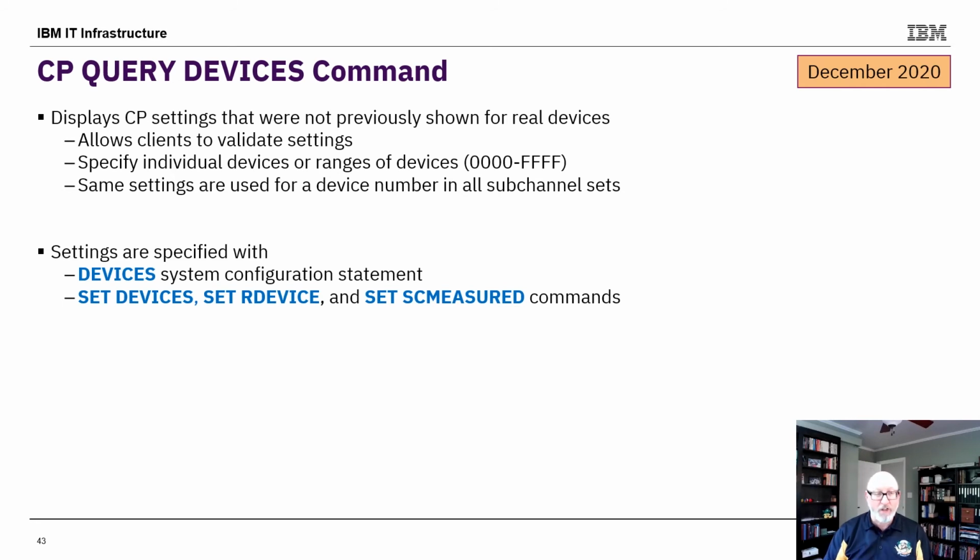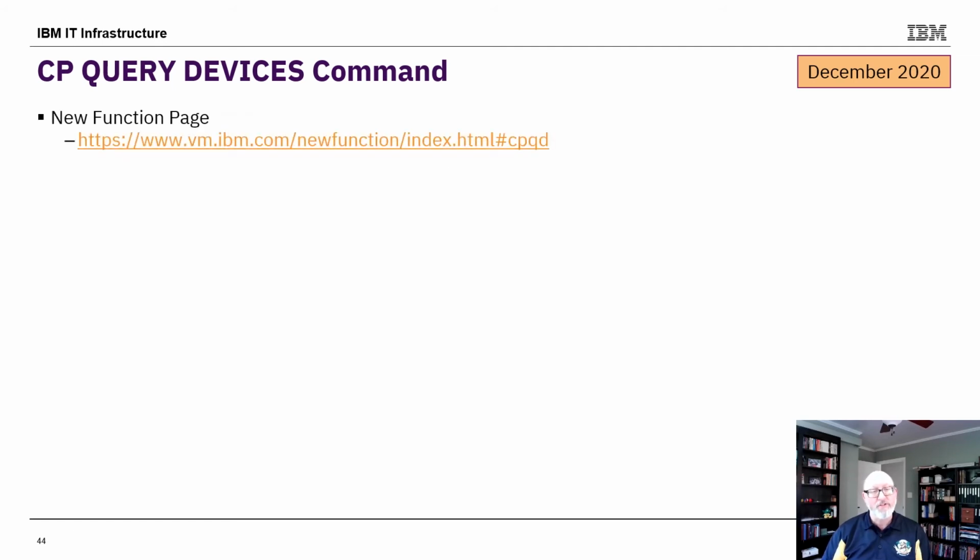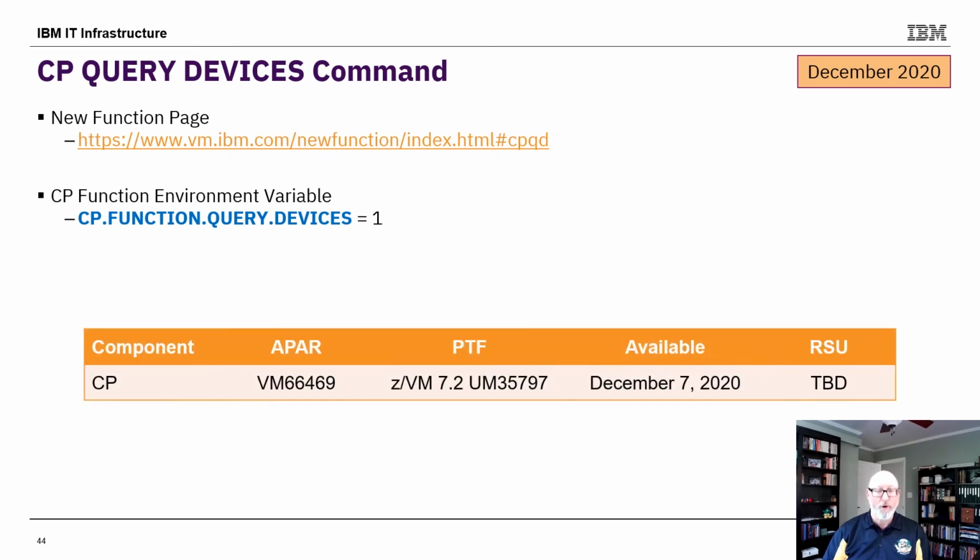The customers executed those test plans, allowed them to test in a lot of different configurations that would have been far more difficult for us to configure. And in some cases on some hardware that we didn't have readily available to us, right? So it was kind of a win-win there, and it went really well. So this is out there. Again, the new function web page, another environment variable for it, and where the information is.